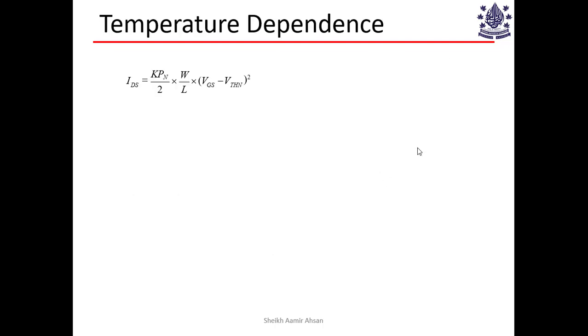All right. So let's take a look at the temperature dependence. Now, often what happens is that MOSFETs, or any transistor for that matter, whenever they are used in any real-time application, do not necessarily see room temperature while they're functioning.